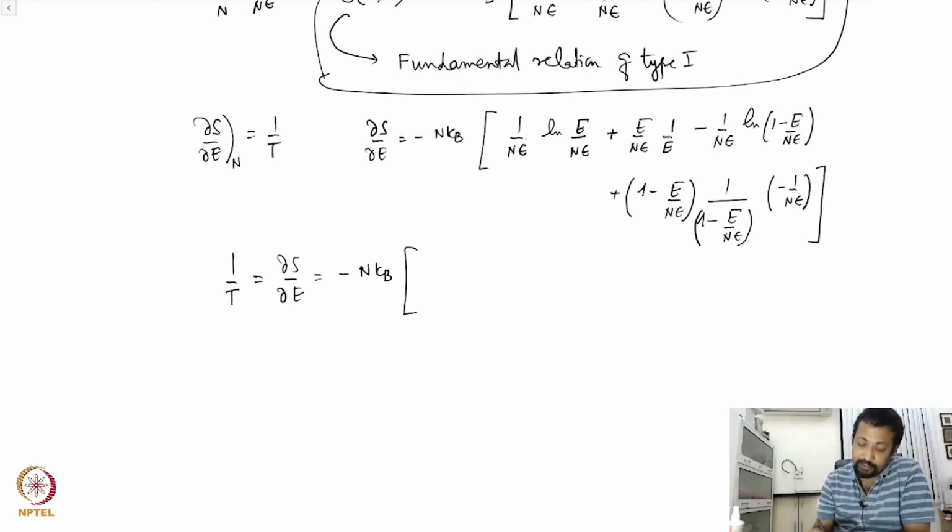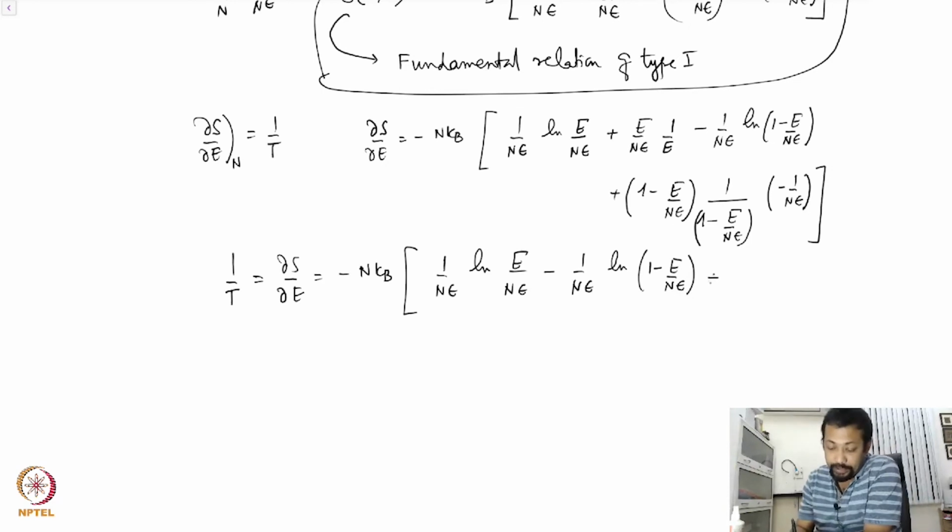So that means I have 1 over N epsilon ln E over N epsilon minus 1 over N epsilon ln (1 minus E over N epsilon) plus 1 over N epsilon, and this is going to be minus 1 over N epsilon.